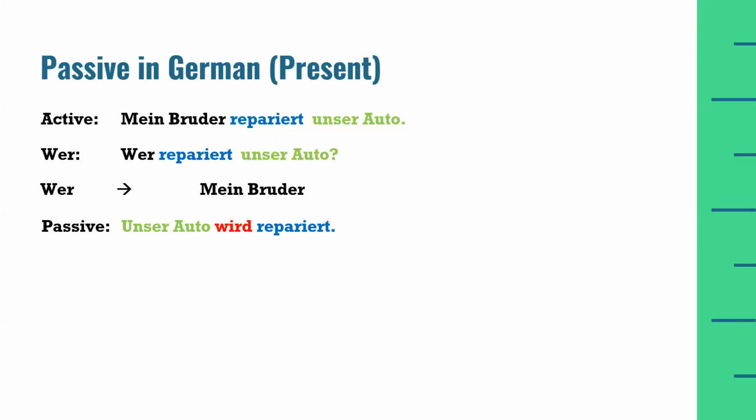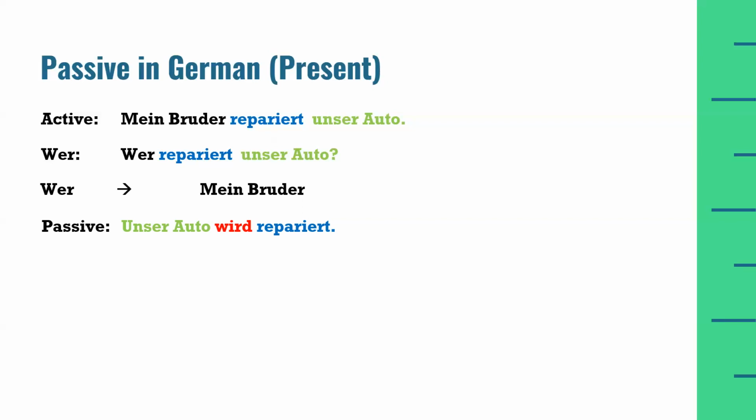At the last position of the sentence, we have to use the Partizip zwei form of the verb, and reparieren is a verb which means to repair, and the Partizip zwei form of reparieren is repariert.